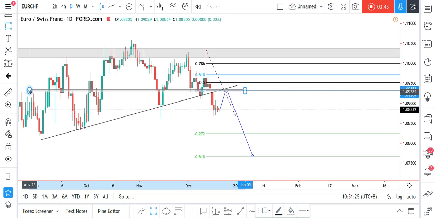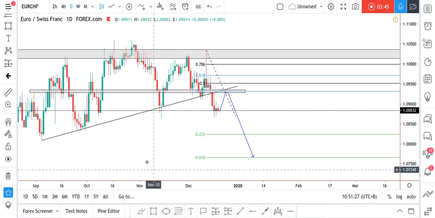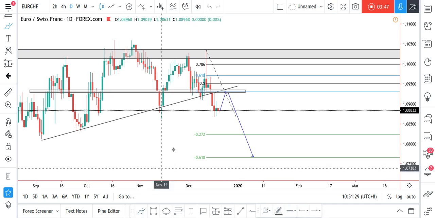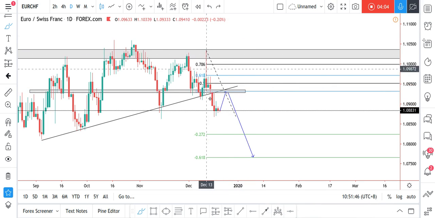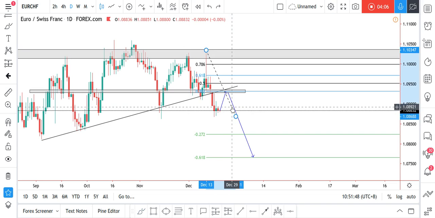The 38.2 is in perfect confluence with this structure in the market as well. So we have a very good place to place our trade, because in this area we have a very nice support area, a good resistance area, then also a support area, and then finally it was broken to the downside. So we can find that the market will look for a retest of this area.